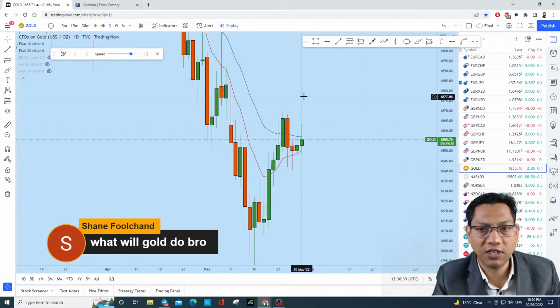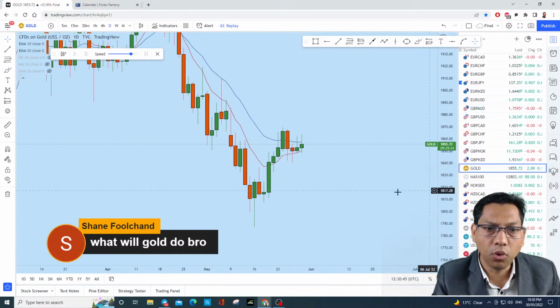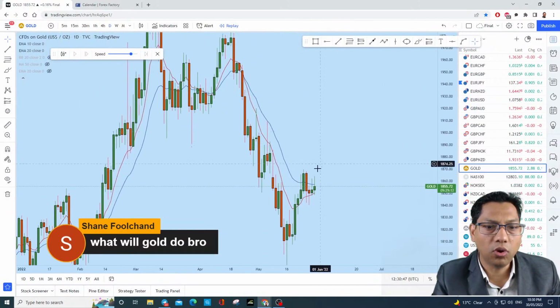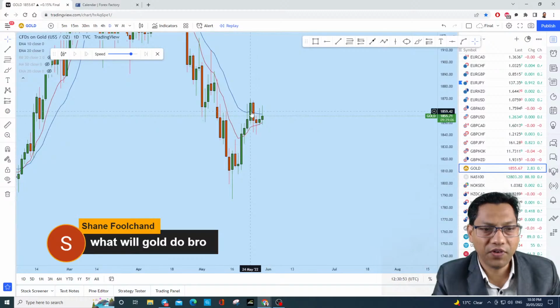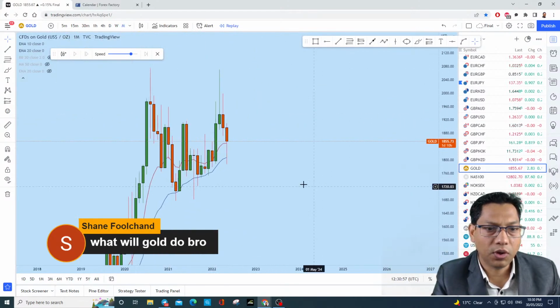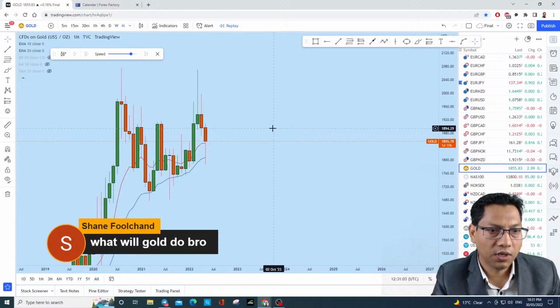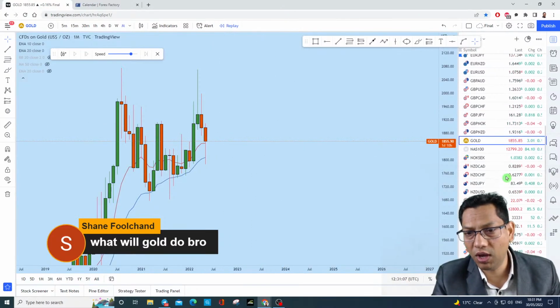Yeah, could go 1885. If it's bullish, then it might go even more than this, maybe even 1900 something. But first let the monthly candle close, because on the monthly, you see the price bounced from this monthly support. So let the monthly candle close and then I will update you.